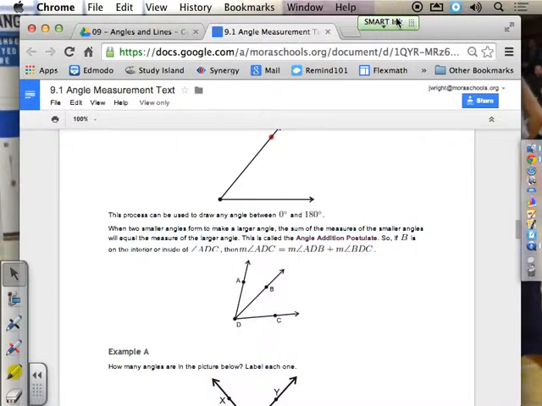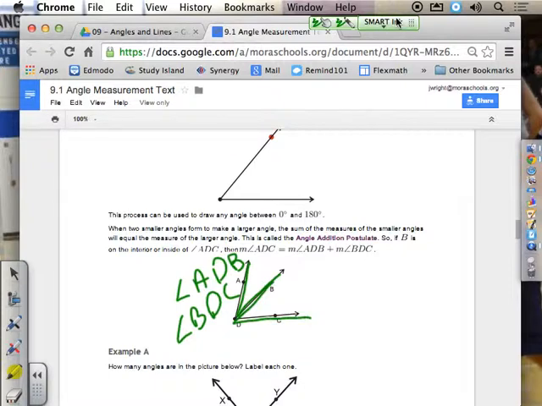We've already talked about this a little bit, but this is when you take two smaller angles, like angle ADB, this one right here, and another angle, angle BDC, and you add them together, and you get angle ADC. That is the angle addition postulate. I'm sure most of you know how to do that, and you didn't even know you were doing the angle addition postulate. All right?